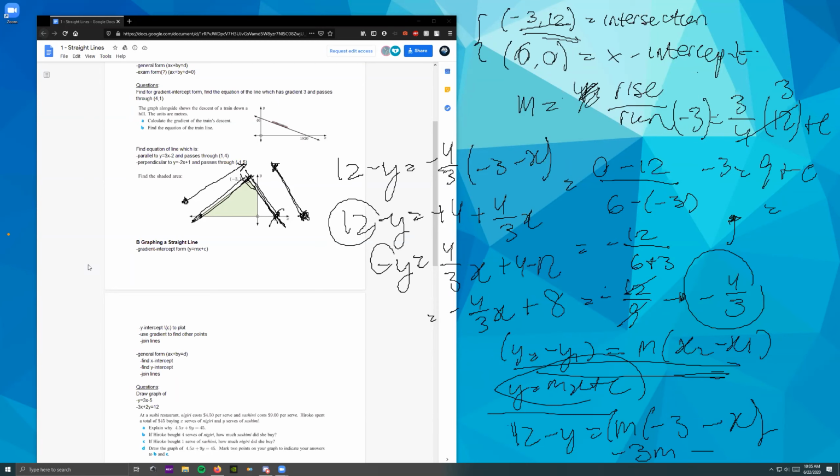And if you move it to the other side, you can find that c equals minus 12. And through this, you can find that this particular equation would be y equals 3 over 4x minus 12. And that's how you get this part, this x-intercept, by inserting y as 0.